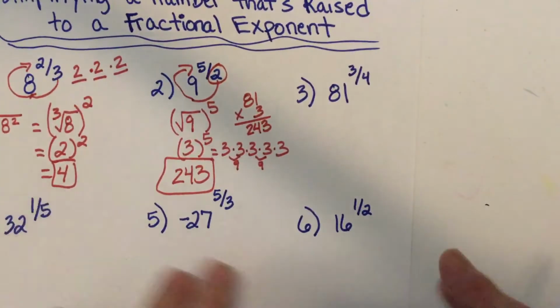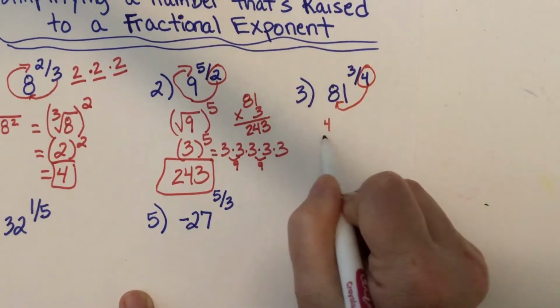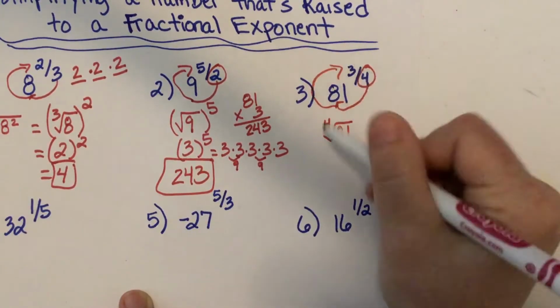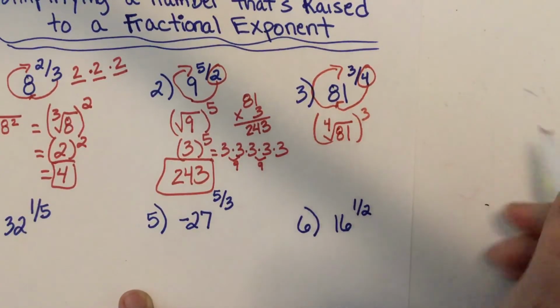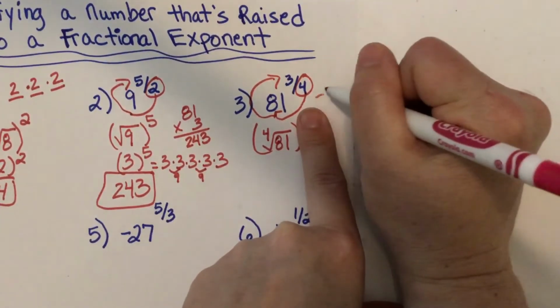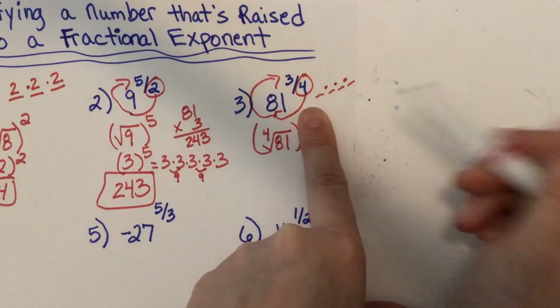All right, number 3. This is telling you to take the 4th root of 81 and raise it to the 3rd power. So 4th root of 81, we're trying to figure out what times what times what times what, 4 times, would make 81.